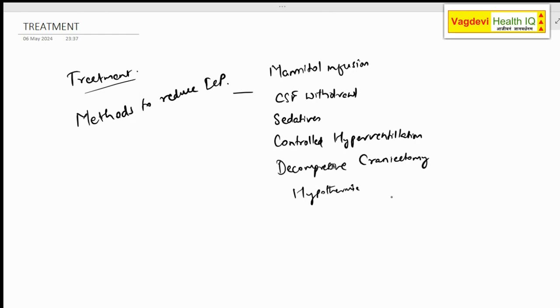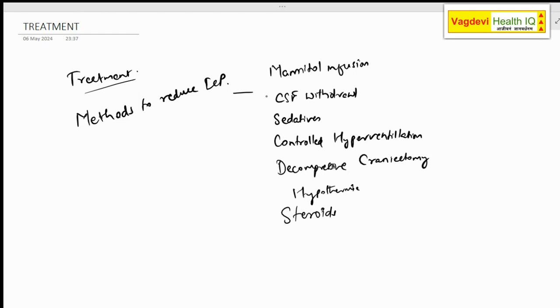Cooling to a particular temperature like 33 or 34 degrees C will lower the intracranial pressure. Usually in head injury cases it fails. So it is one technique that I studied, so I'm teaching you.